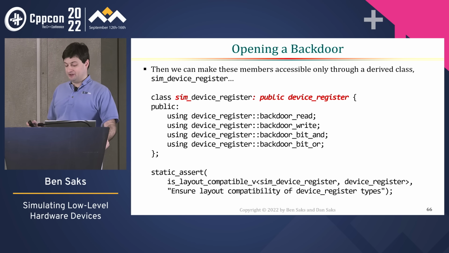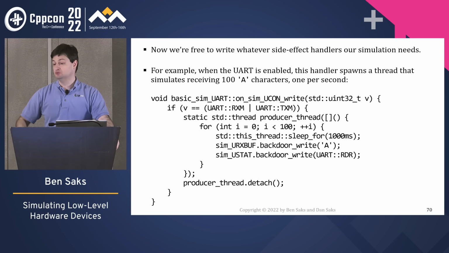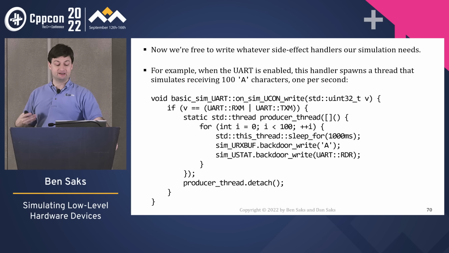So with that all in place, now I'm set up, I should be able to write whatever side effect handlers I might want to make my simulation do whatever it is that I need it to do.